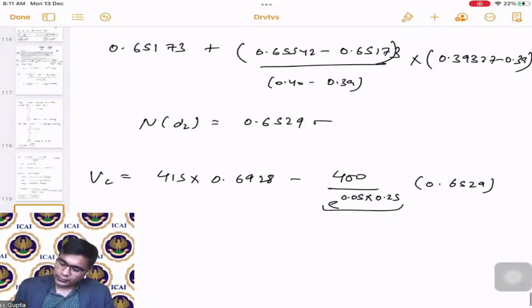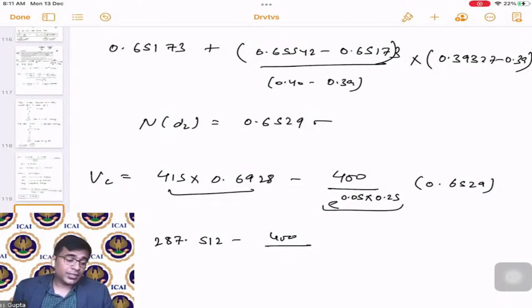So the value of call option is equal to, if we solve this, 287.512 minus 400 divided by e raised to the power 0.05 multiplied by 0.25, given as 1.012578, multiplied by 0.6529.